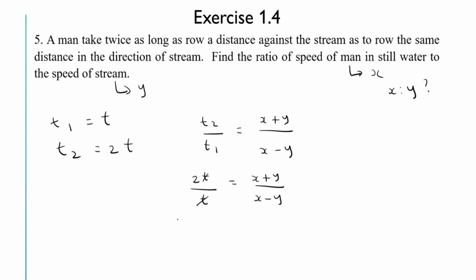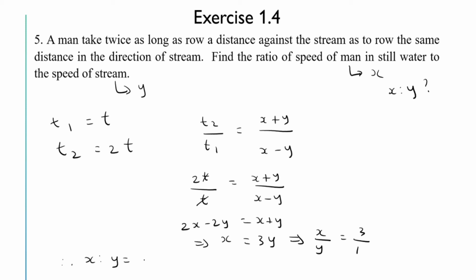So from this we have 2x minus 2y is equal to x plus y, or 2x minus x is equal to y plus 2y, 3y, or we have x by y is equal to 3 by 1. So therefore x is to y is equal to 3 is to 1.